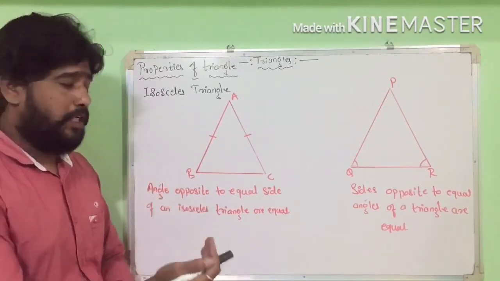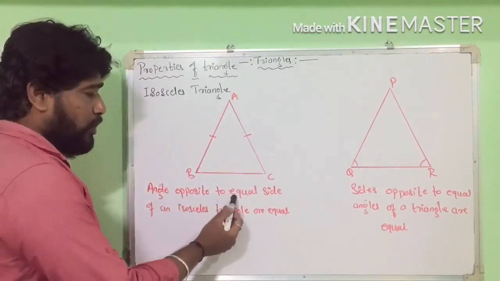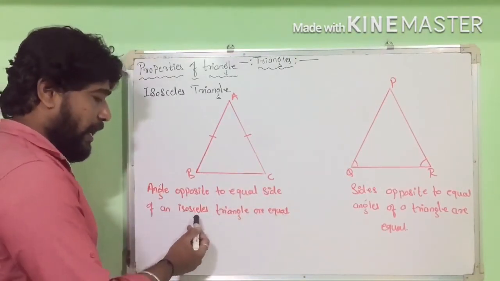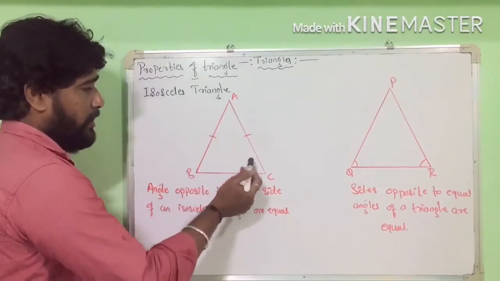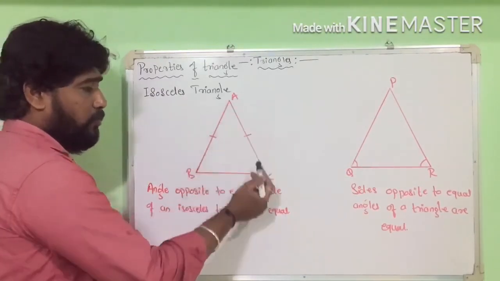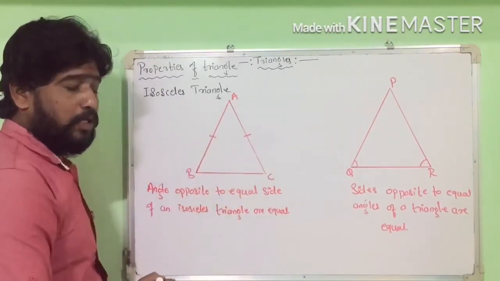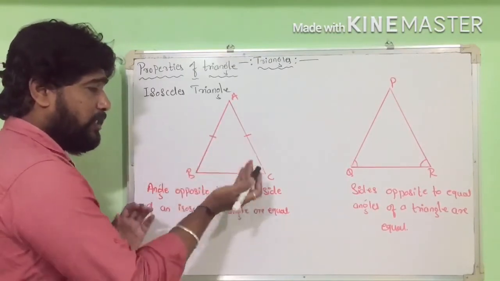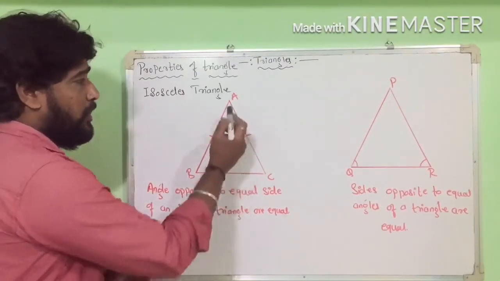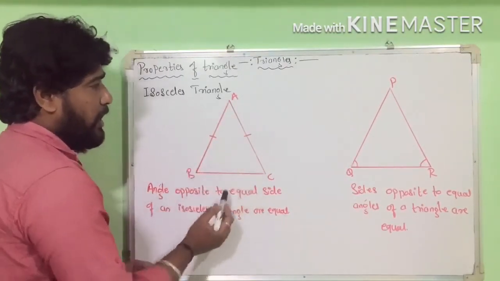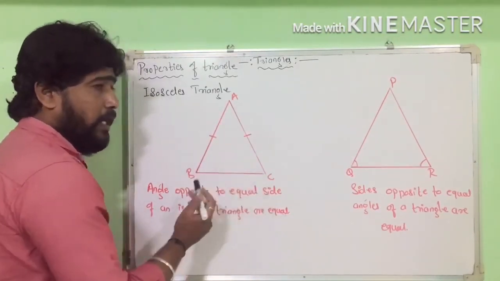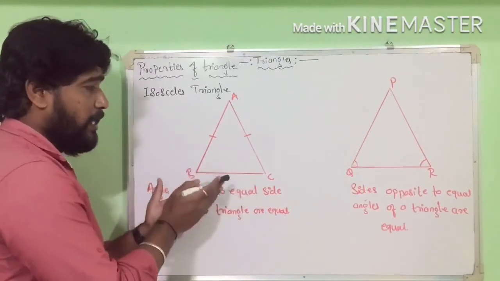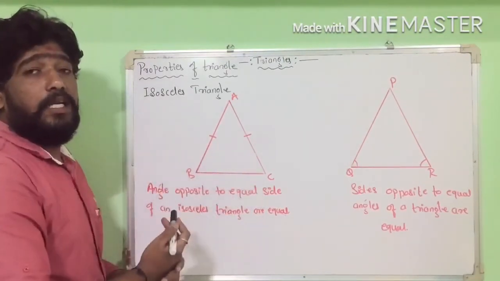The angles opposite to the equal sides of an isosceles triangle are equal. So these two sides are equal, AB is equal to AC. Here they given the symbol. So these two sides are equal, means their opposite angles are equal. AB opposite angle is angle C and AC opposite angle is angle B. Angle B is equal to angle C because the opposite angles of equal sides are equal.